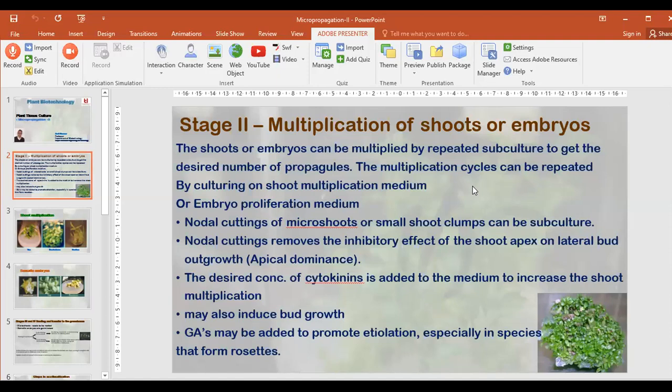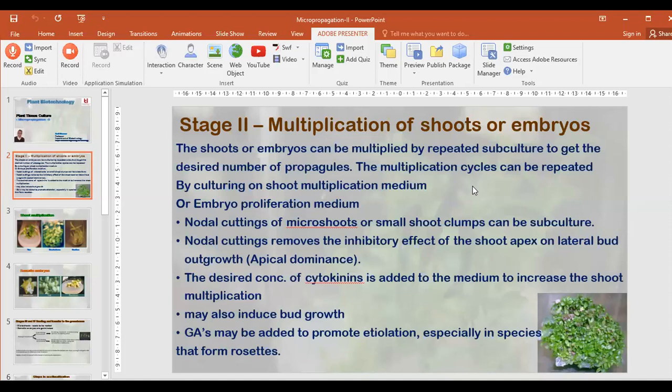So this stage qualifies micropropagation to be an industry where we can plan the production and deliver the product in a given timeline. That makes micropropagation an efficient system also.